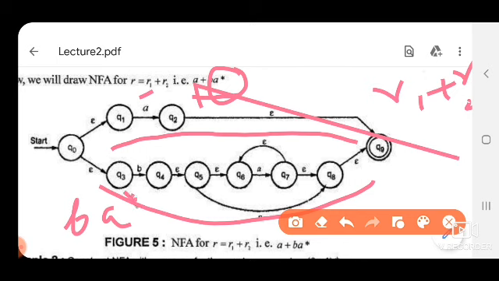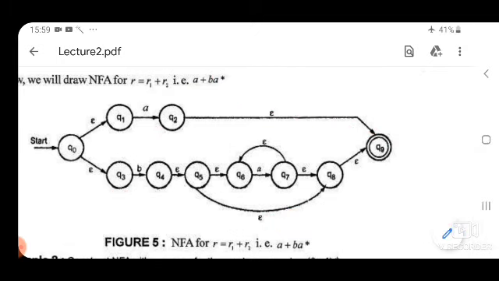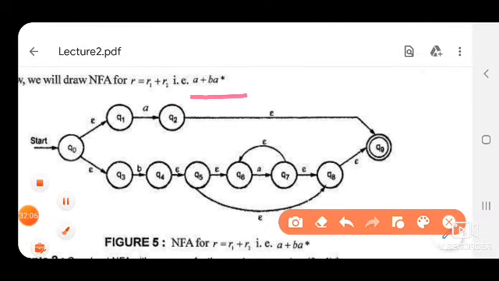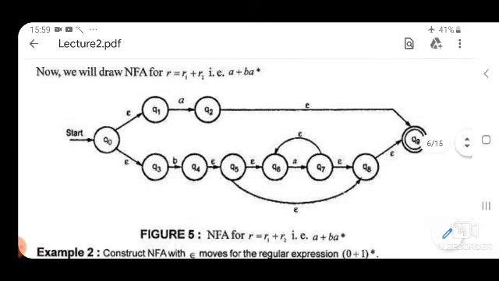So, this complete figure is for R1 plus R2, or a plus b a asterisk. In this manner we can draw any complex regular expression. Okay.